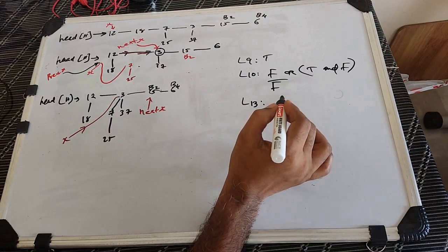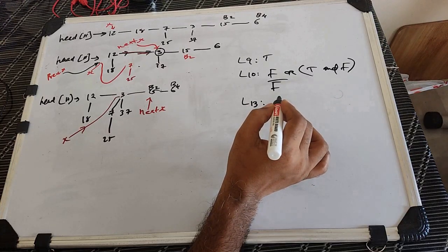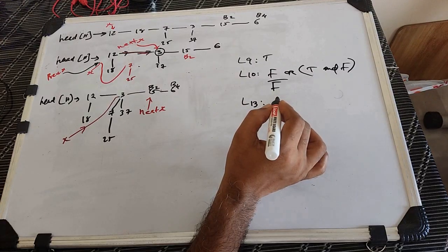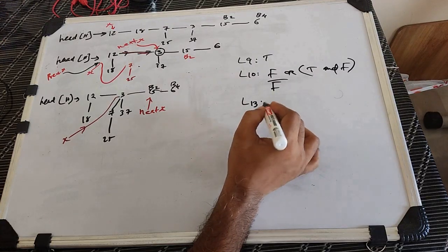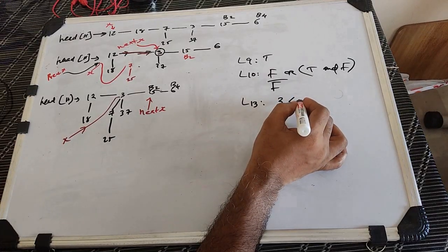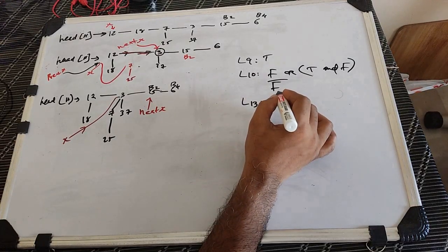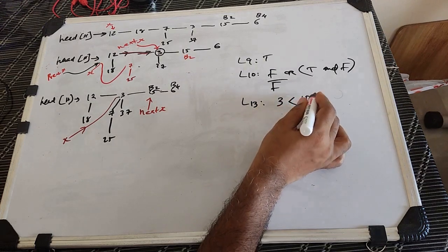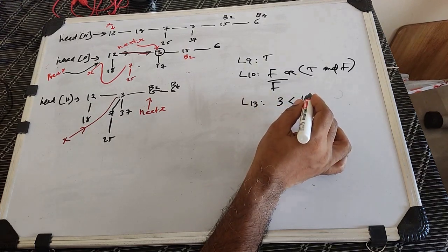Key of x and key of next x will be compared. Key of x is 3, less than key of next x, which is 15. Okay, this is true.